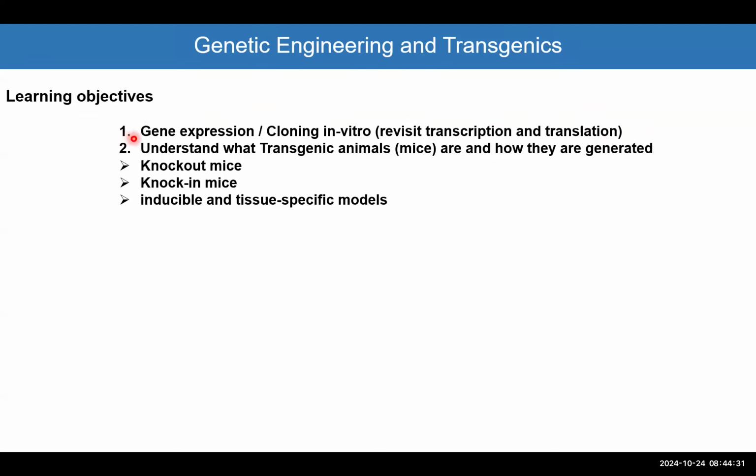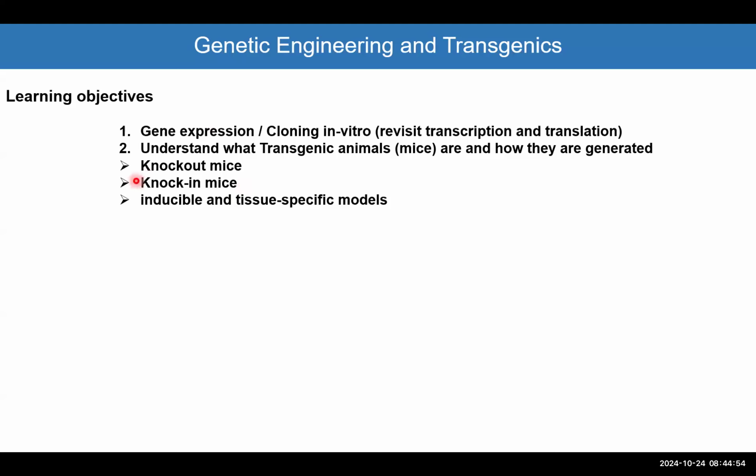And this lecture today will make it easy for you later to know what is a knockout mouse, which is a mouse that lacks a particular protein, or a knock-in mouse where a certain DNA has been inserted into a specific site.